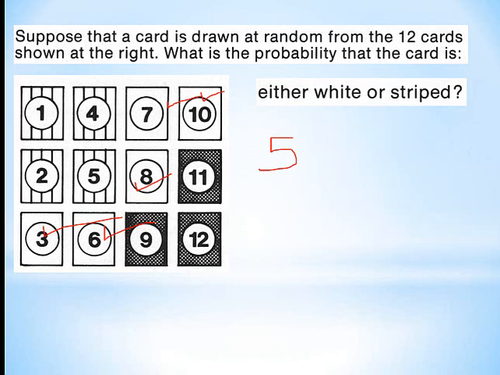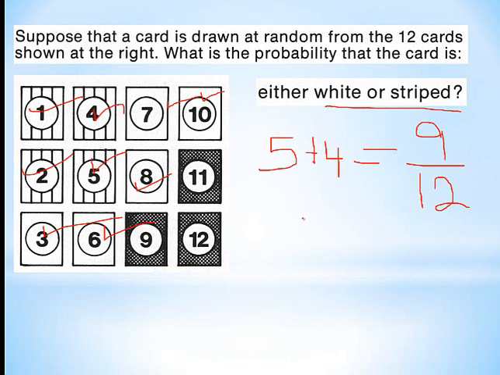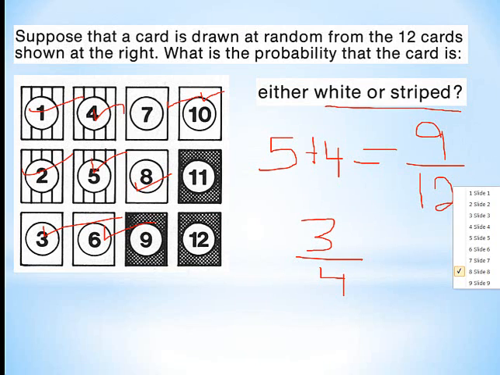How many are striped? 1, 2, 3, 4. So how many are white or striped? 9 out of how many? 12, which reduces to 3 out of 4. That's not right. Yeah, it is.